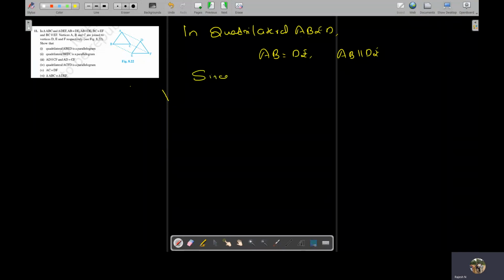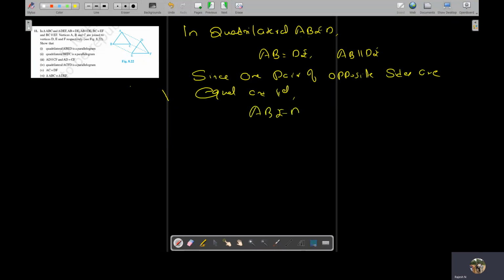Since one pair of opposite sides are equal and parallel, ABED is a parallelogram. What is next? Next is BEFC.